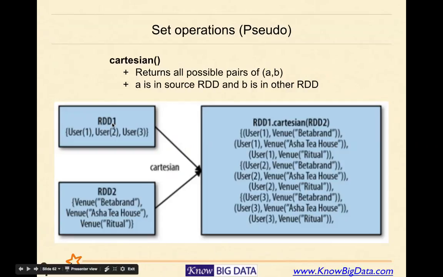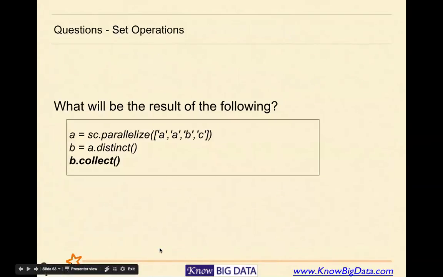RDD1.cartesian(RDD2) means all the values will be produced together, all permutations. So for every user one, all the three values would come, then user two, all the three, and user three, all the three. So there'll be a total of 9 values.